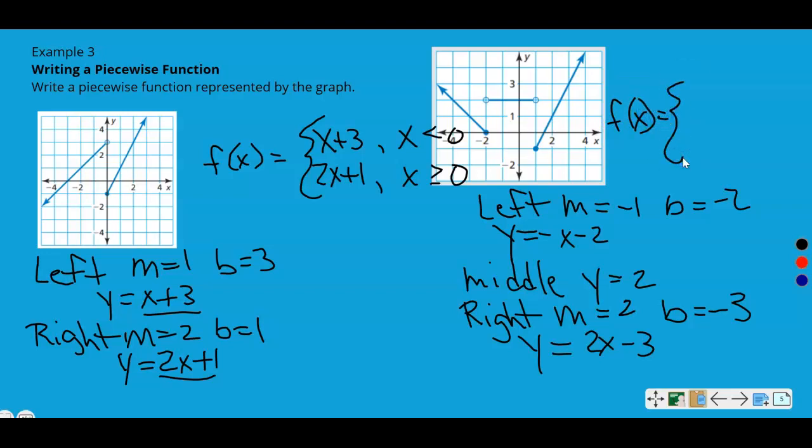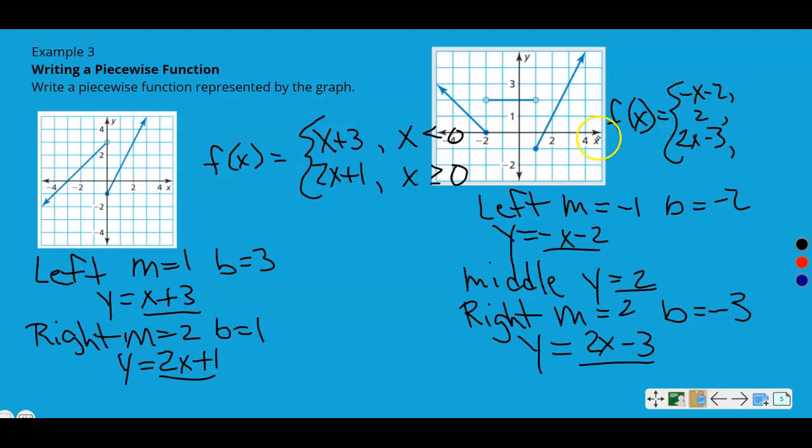So I'm going to have -x minus 2, that's my first one. My second one is equal to 2. And my third one is 2x minus 3. And then I just have to define the domain.